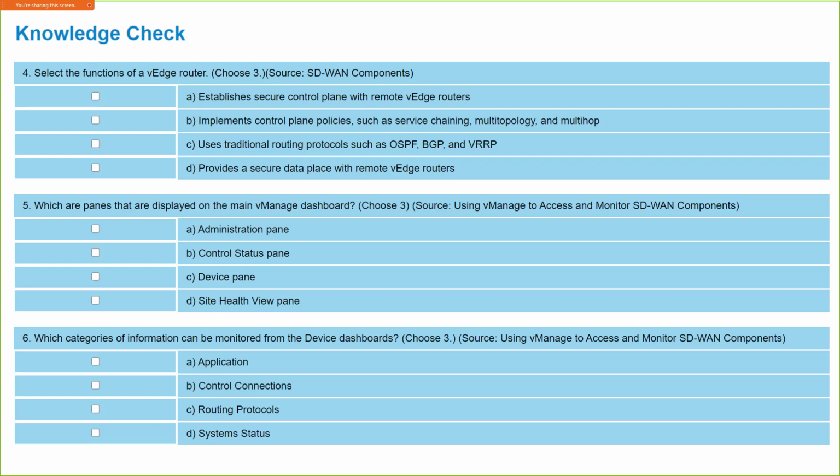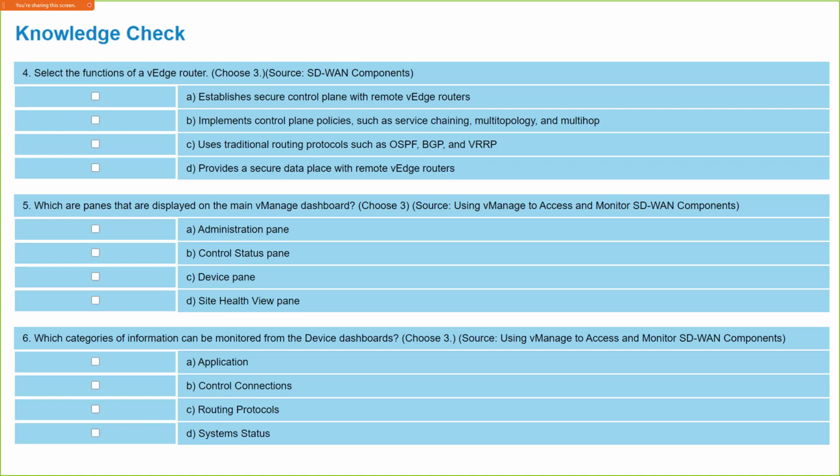Definitely C and D are absolutely correct. But establishes a secure control plane with remote vEdge routers, that to me is a function of vSmart, but I'm not sure why they're defining that as a function of vEdge. vEdge to vEdge, that's the whole point. We're separating that control plane function from the data plane functionality. So I'm not quite sure why they selected that as one of the choices, but we'll go with that.